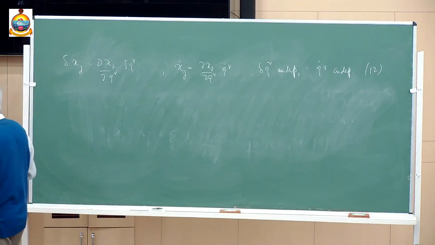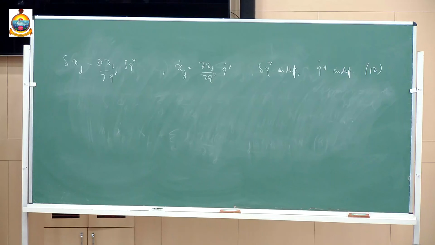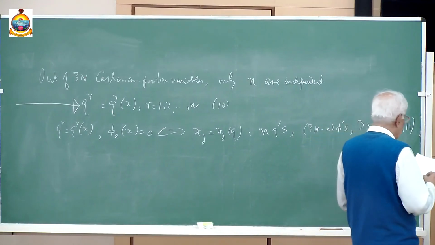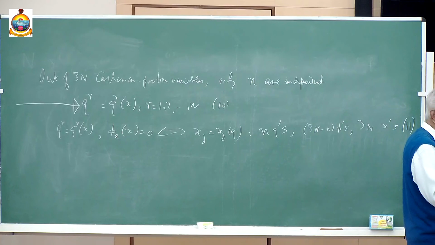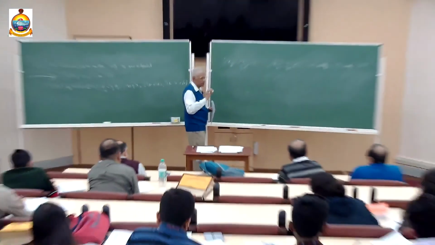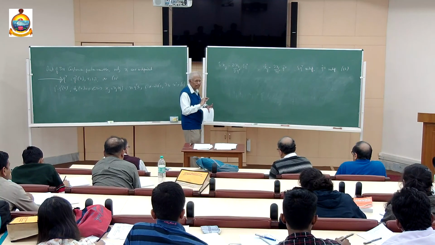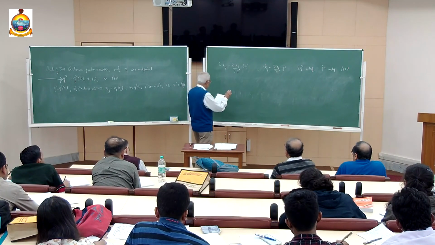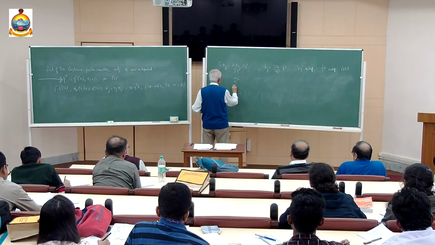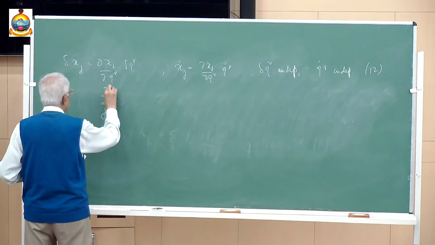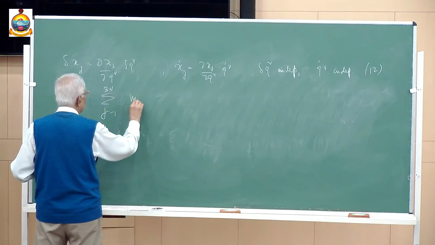Then I hope you can now see, I am sorry I have rubbed out that equation. The part of the equations of motion of Newton in which the constraints do not appear is this. I will write it, and you go back to some of the earlier equations.